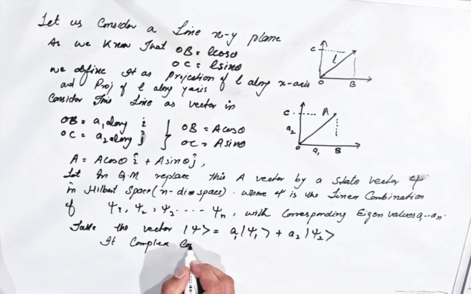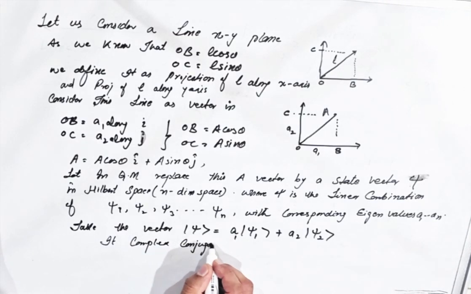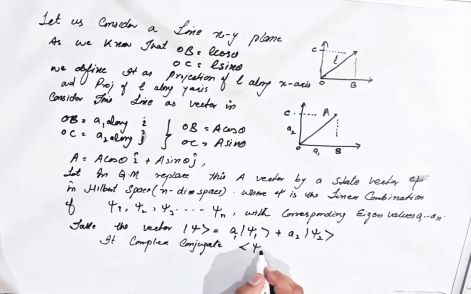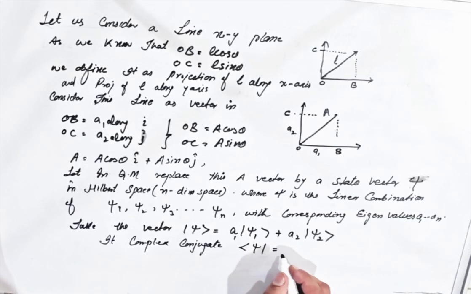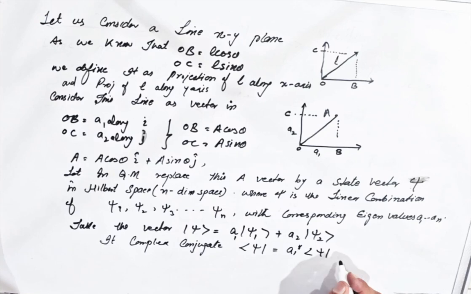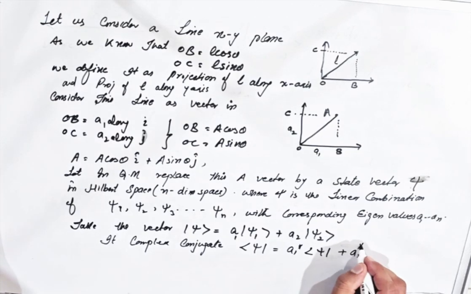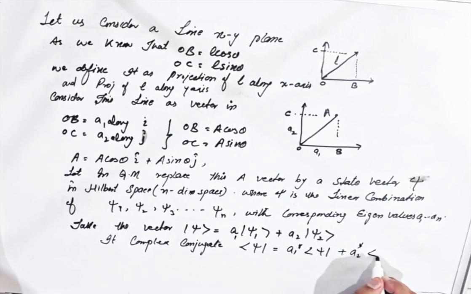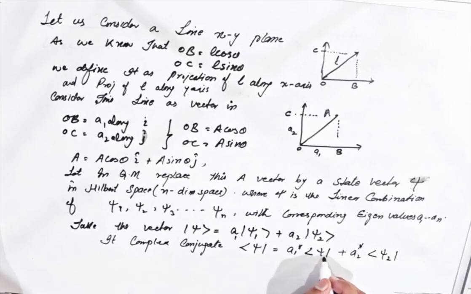Its complex conjugate, bra psi, is A1 star bra psi 1 plus A2 star bra psi 2.